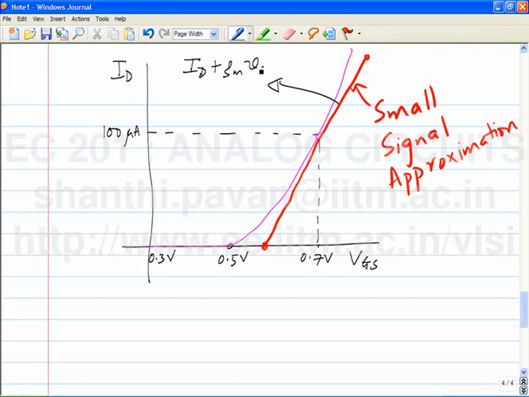When we compute ID, when we said ID plus GM VA equal to 0, where does that stand? It's the point where the red line cuts the x-axis. So that is what we have found, assuming that the small signal model is valid. However, you can clearly see that for that amplitude, the current in the transistor is not truly linear.